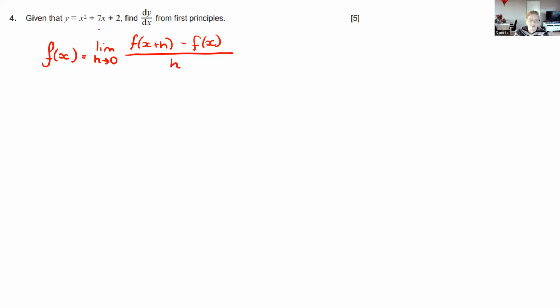Now, your f of x in this question, just so you know, is that original sum that you have, okay? So the x squared plus 7x minus 2. So when we add h to it, what we're going to do is see that this question then changes.